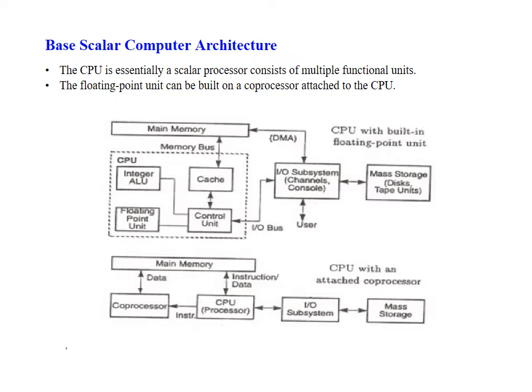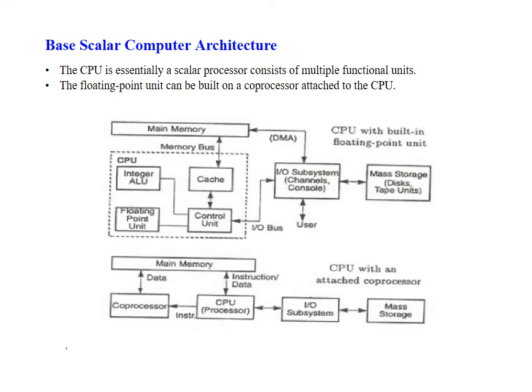In the floating point unit case, there is a main memory, and the main memory is connected through the memory bus with the CPU, and the CPU is connected with the input output bus system, consoles, by using the input output bus.